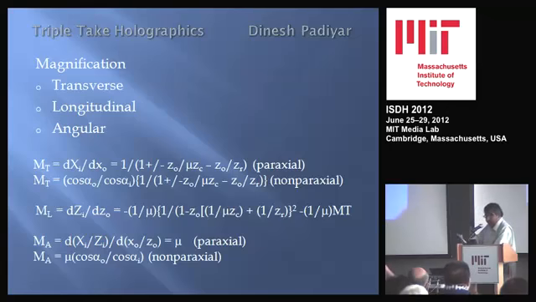So if you change the wavelength, the object will always extend further out. Angular magnification is independent of all the parameters of recording and reconstruction and depends only on the wavelength change here.